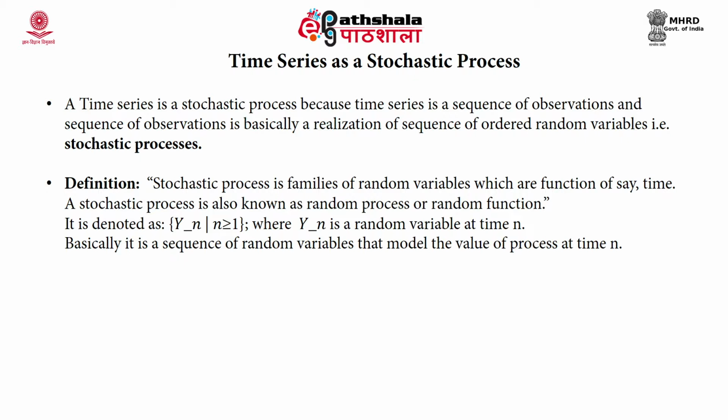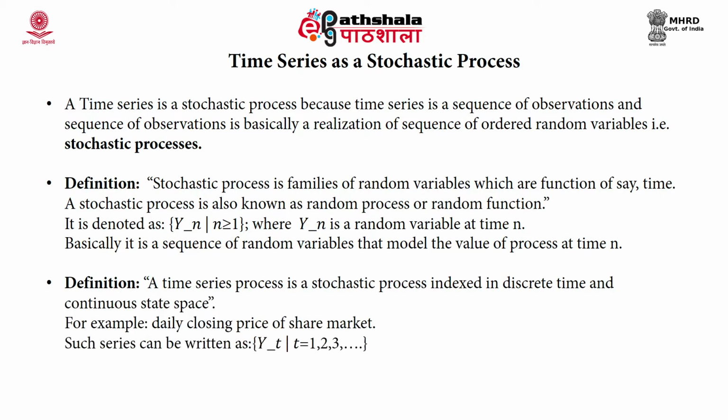It is denoted as a sequence {Yn}, where Y is a random variable at time n, and n takes values from 1 and so on. Basically, it is a sequence of random variables that model the value of the process at time n. Now, the second definition: a time series process is a process indexed in discrete time and continuous state space.